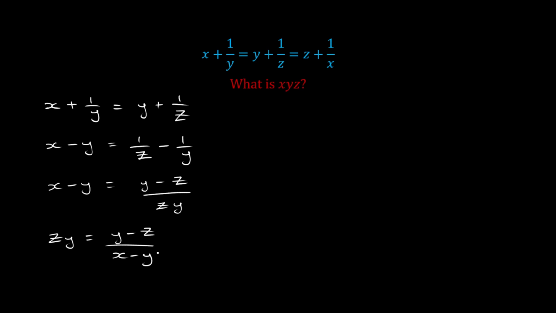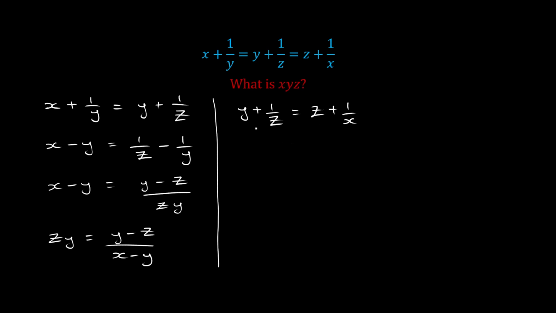And we're going to repeat the same process for all the other parts of this equation. So the next part, we're going to take y plus 1 over z and z plus 1 over x. So I'm going to just speed through this section. So y plus 1 over z is equal to z plus 1 over x, and this would follow the same procedure.